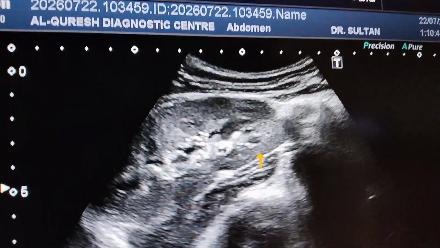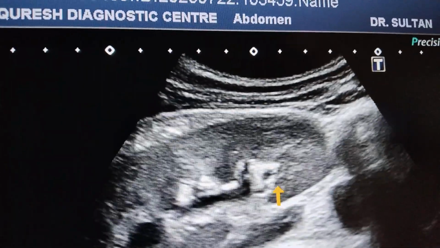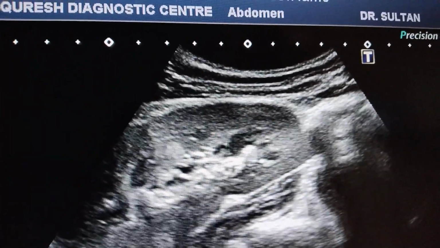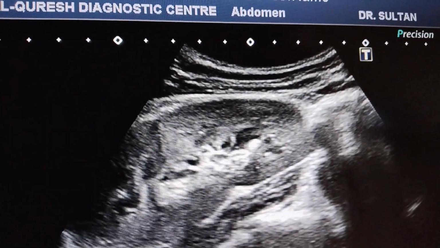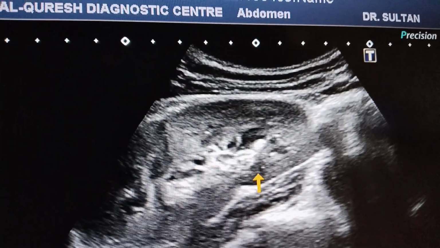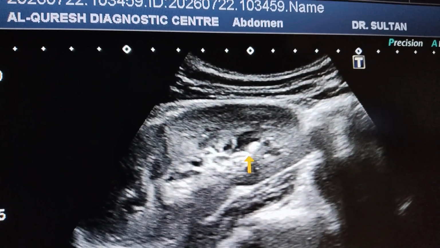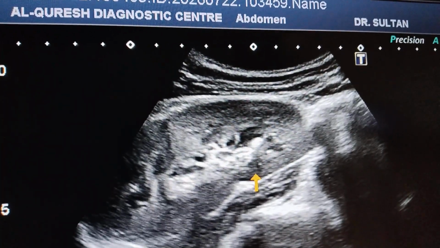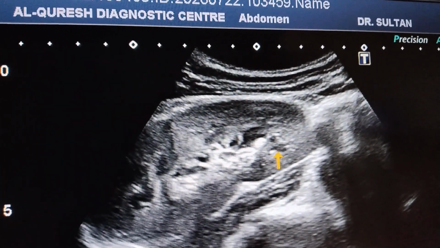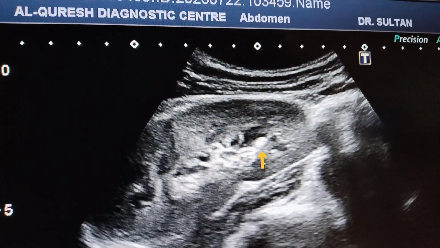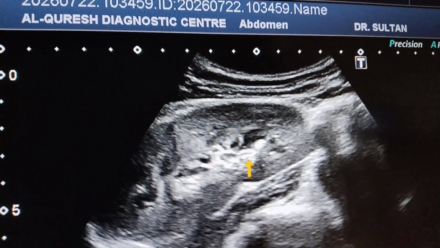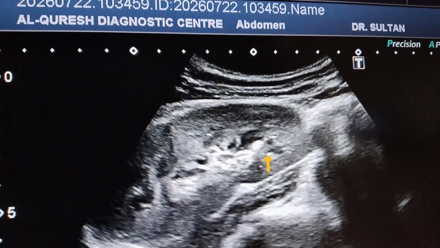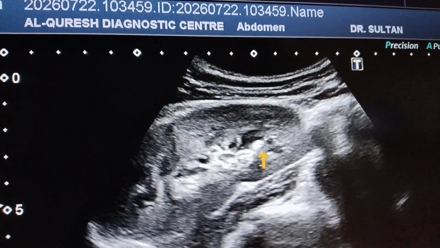If we closely observe, this tiny focus is definitely showing posterior acoustic shadowing. So when we see such a finding in the kidney, we can definitely say this is a stone.